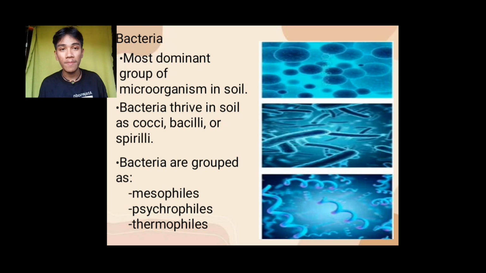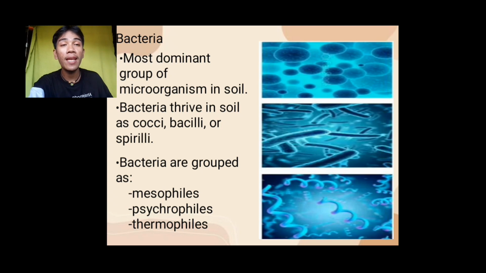And of course, bacteria are grouped as mesophiles, the psychrophiles, and the thermophiles. In Arctic zones where temperature is below the freezing point, bacteria can thrive as luxuriantly as they do in our desertic soil where temperatures are very high.